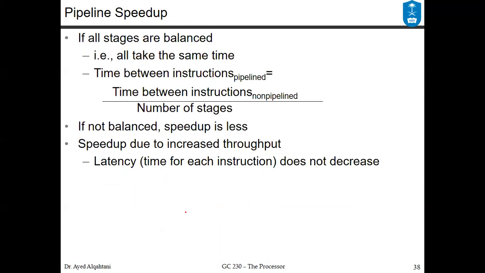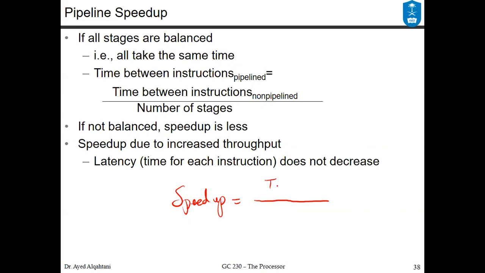Just to remind you how to calculate the speed up. The speed up between two designs or two methods, like the pipeline and non-pipeline, you take the larger time, which in our case is the non-pipeline time.